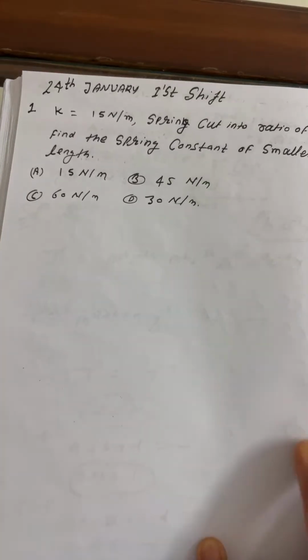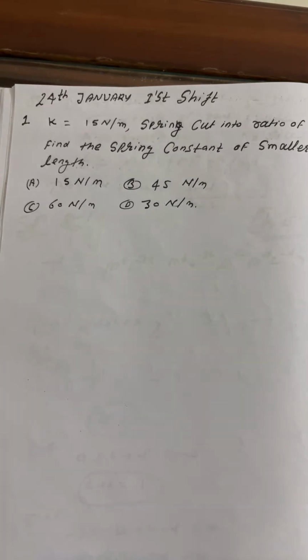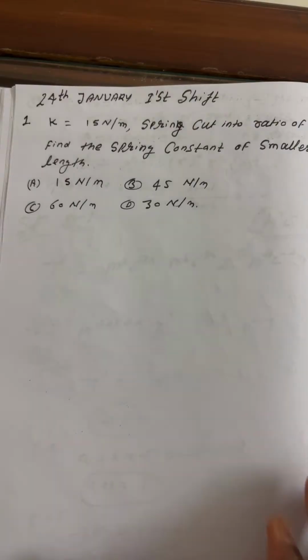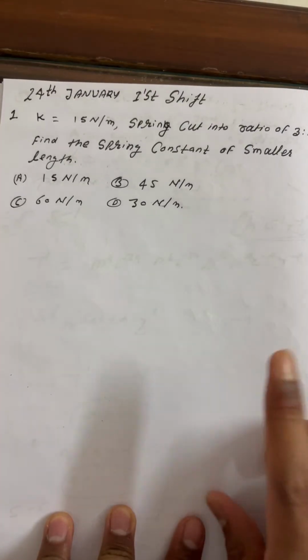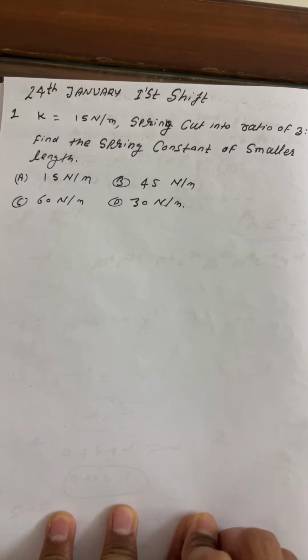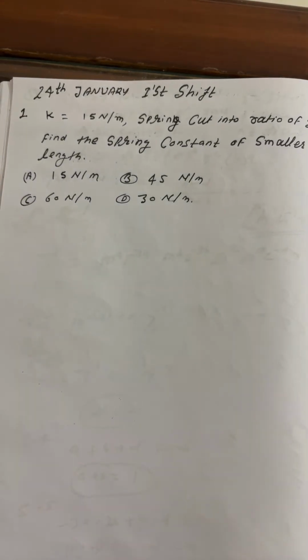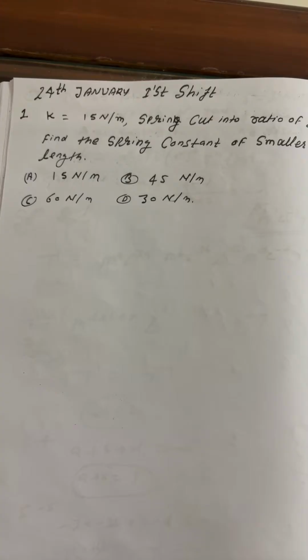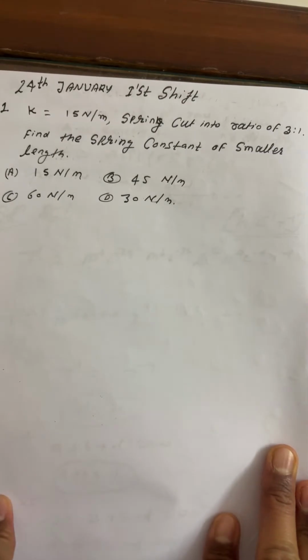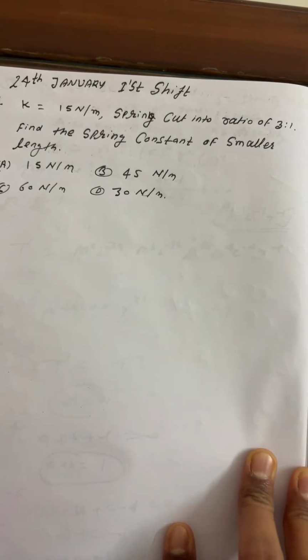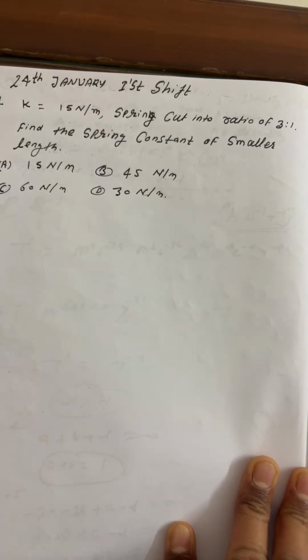So now, students, look, this is the first question. It's a class question, newly discussed; I newly discussed this numerical in the classroom. What does the question say? Initially the spring constant is K. Now, the spring is cut into two parts in the ratio 3:1.